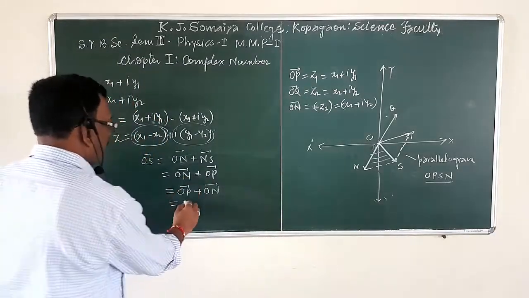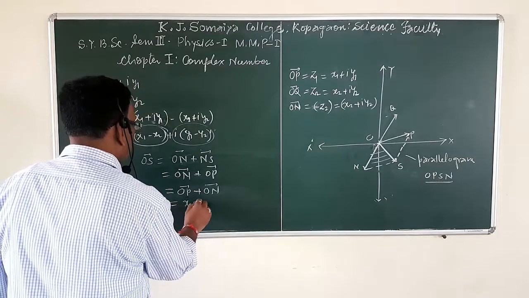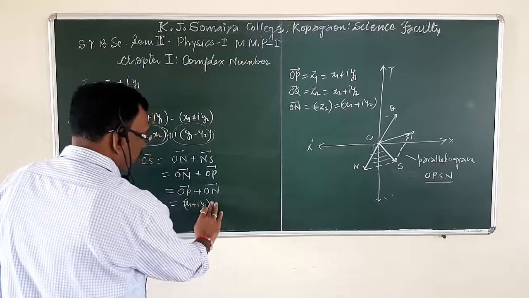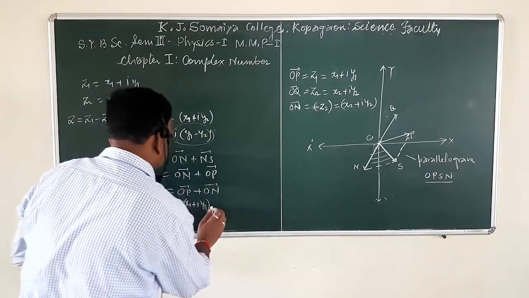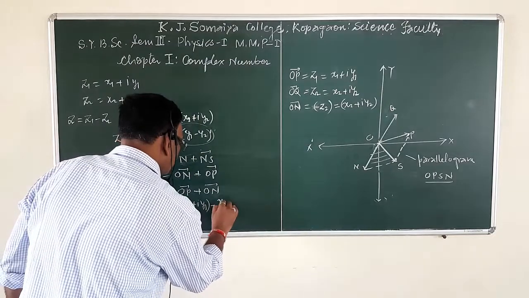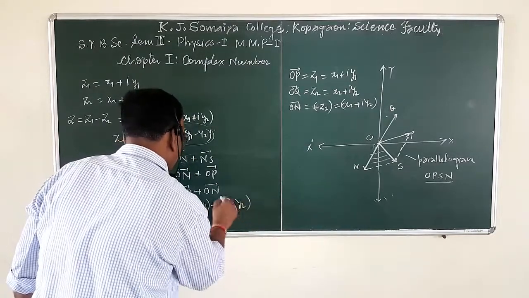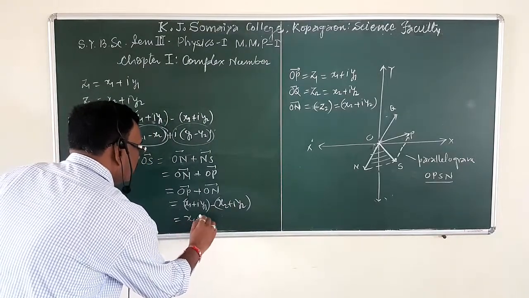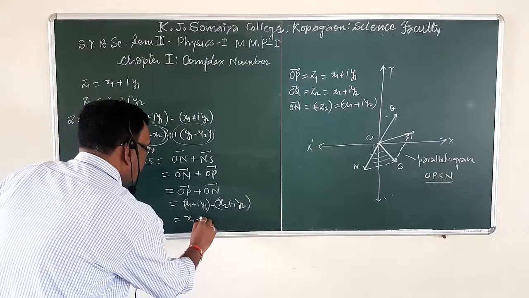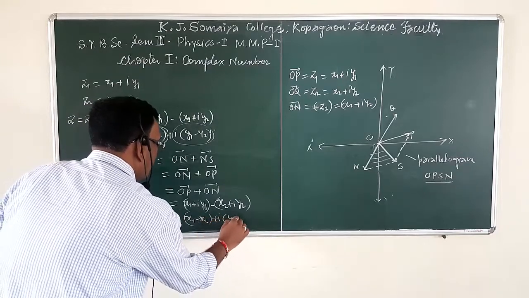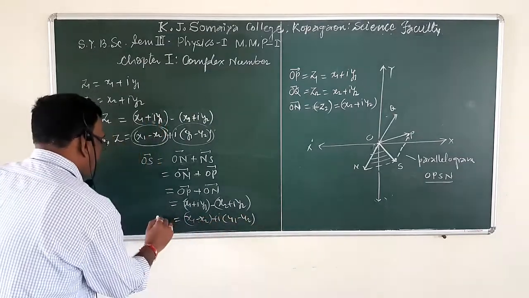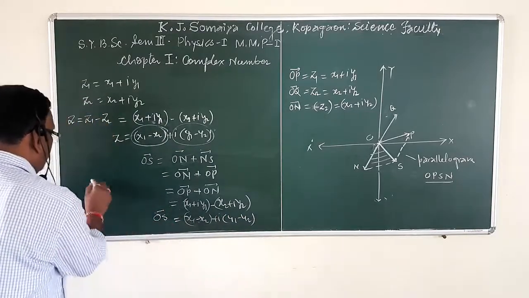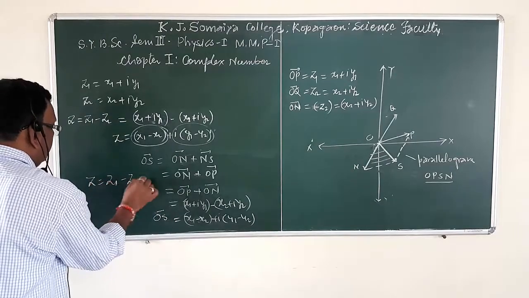Substitute the value of vector OP, we get x1 plus iy1 plus z2, x2 plus iy2. Solve this, we get x1 minus x2 plus i, y1 minus y2, that is z is equal to z1 minus z2.